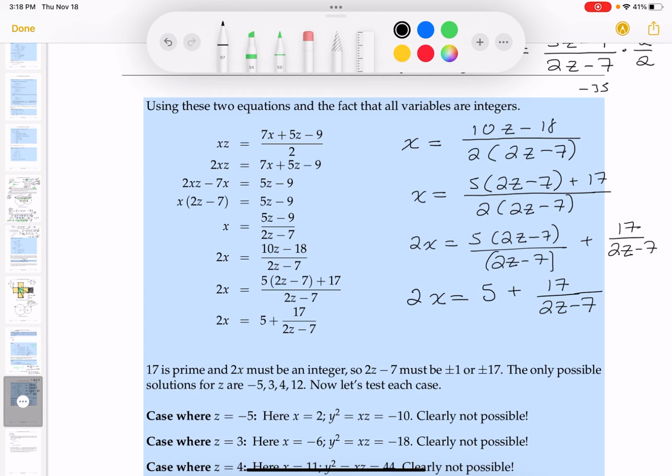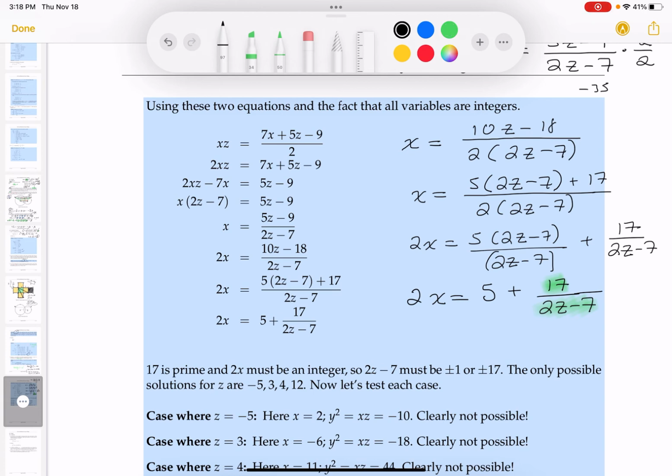I'll tell you what the troubles are. I'm noticing the top is 17. That's a prime number. So what do I know? I know that this must be either 1 or 17, or minus 1 or minus 17.